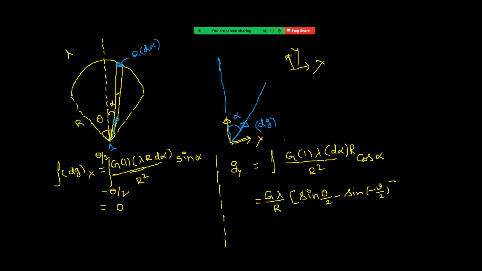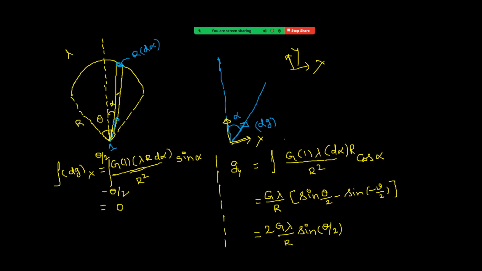That becomes now 2g lambda by r sin theta by 2. That means the resultant strength is along the angular bisector. So the final value is 2g lambda by r into sine theta by 2.